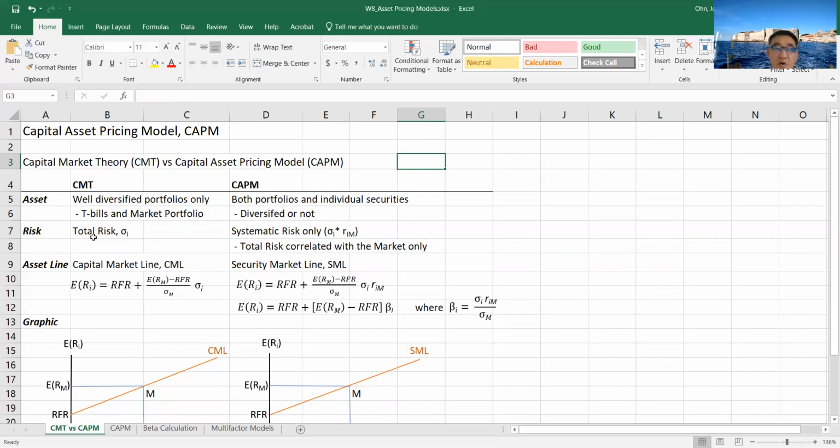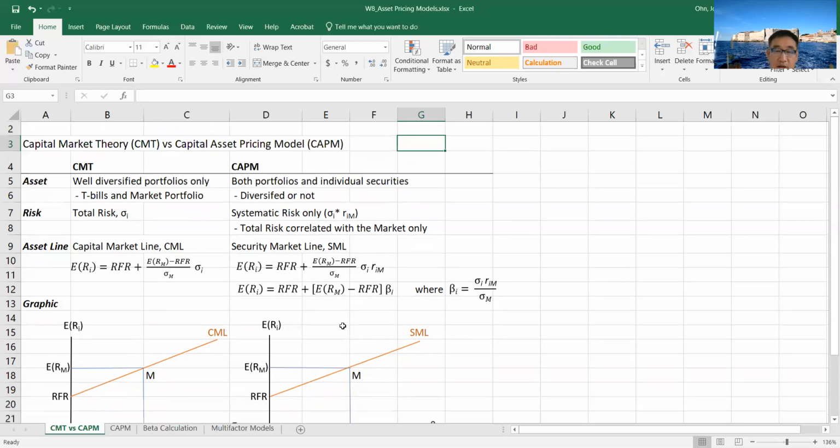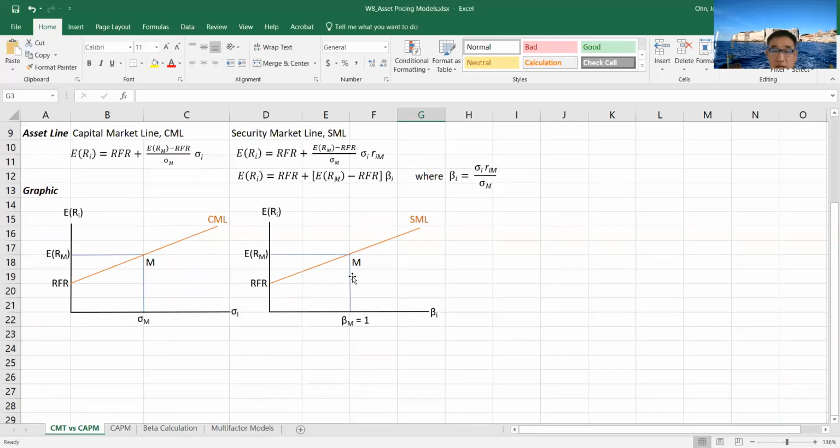The risk measure for capital market theory is total risk, measured by standard deviation, but CAPM uses only systematic risk, the portion of total risk correlated with the market. The asset line equation is like this, and derived from the capital market line, we have the security market line here, and the graphical illustration is this way.